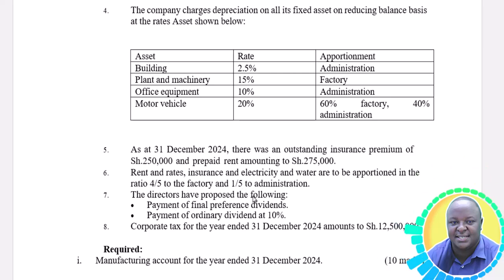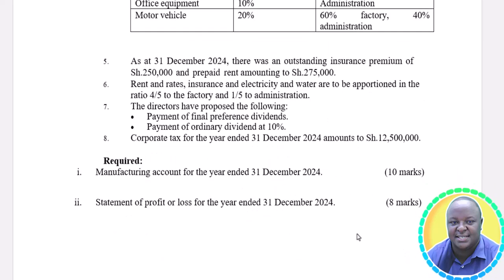The directors have proposed the following: payment of final preference dividends and payment of ordinary dividends at 10%. Corporate tax for the year ended 31st December 2024 amounted to 12,500,000.